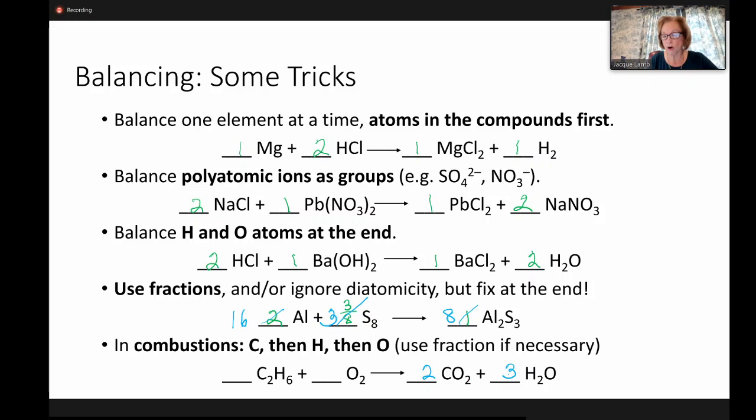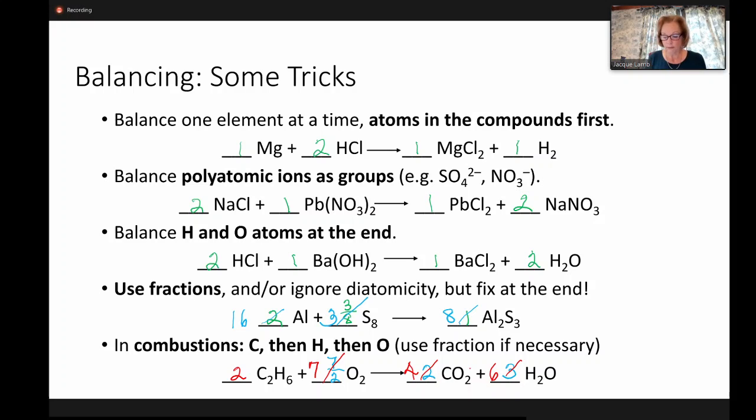I have 4 plus 3 is 7, so I would need 7 halves of oxygen molecules. And so I need to clear that fraction by multiplying through by 2. So 2 times 1 is 2. This becomes 7. This becomes 4. And this becomes 6. And that would be the lowest whole number ratio.